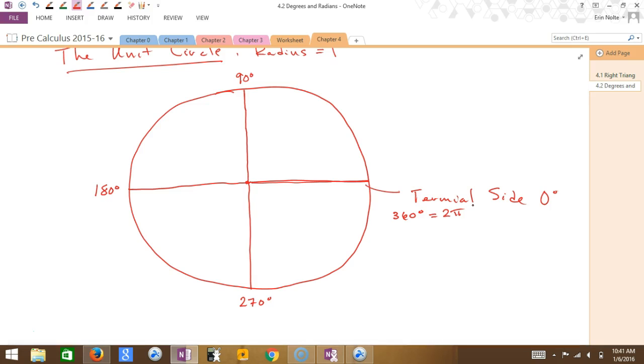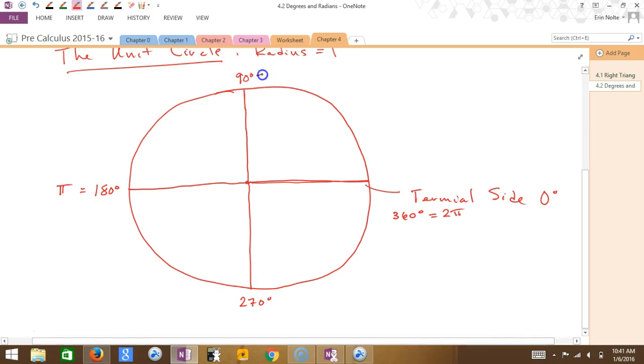I'm going to cut that in half because that's easy. What's 180 degrees the same as in radians? Just pi. Half of 2 pi is pi. Very good. Let's cut that in half and go to 90. What is 90 degrees the same as?